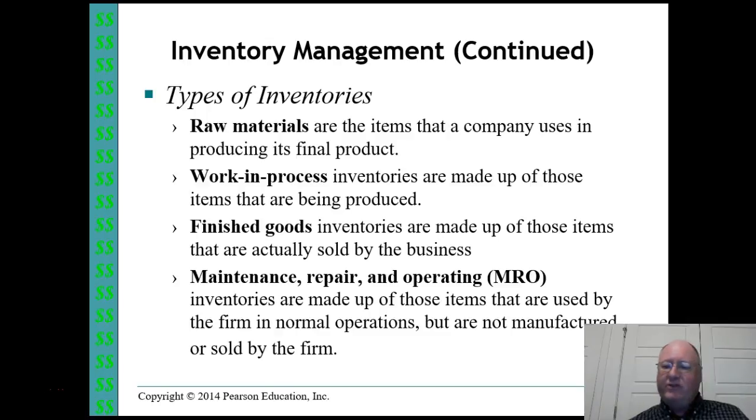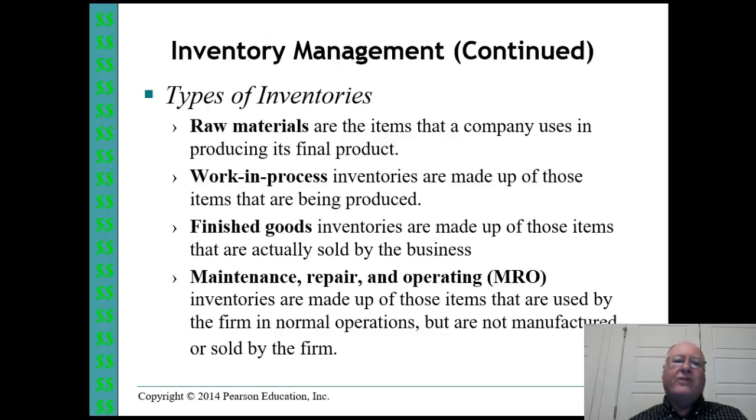So let me just give you an example here. Just think of a car manufacturer. They're going to purchase raw materials. They may purchase tires or fenders or those kinds of things that become part of their process of coming up with the final car.